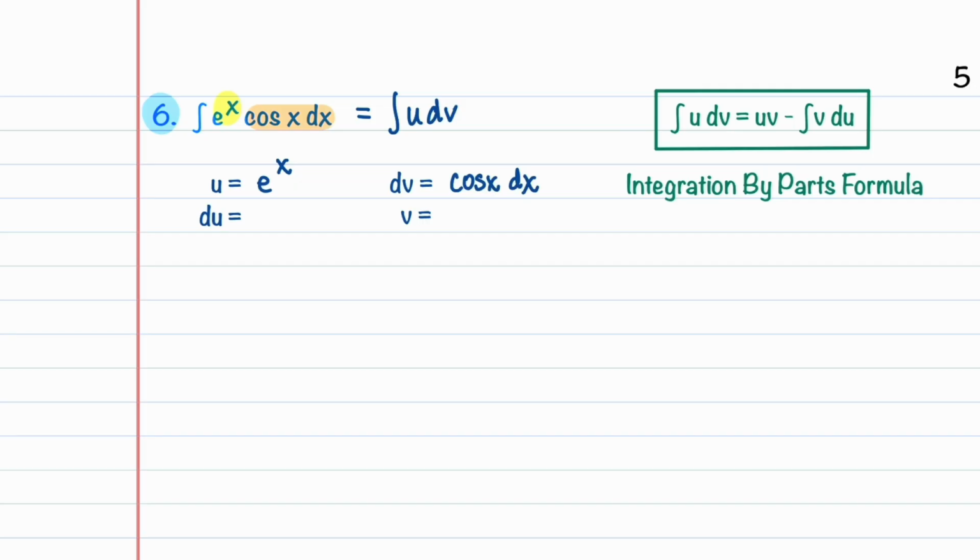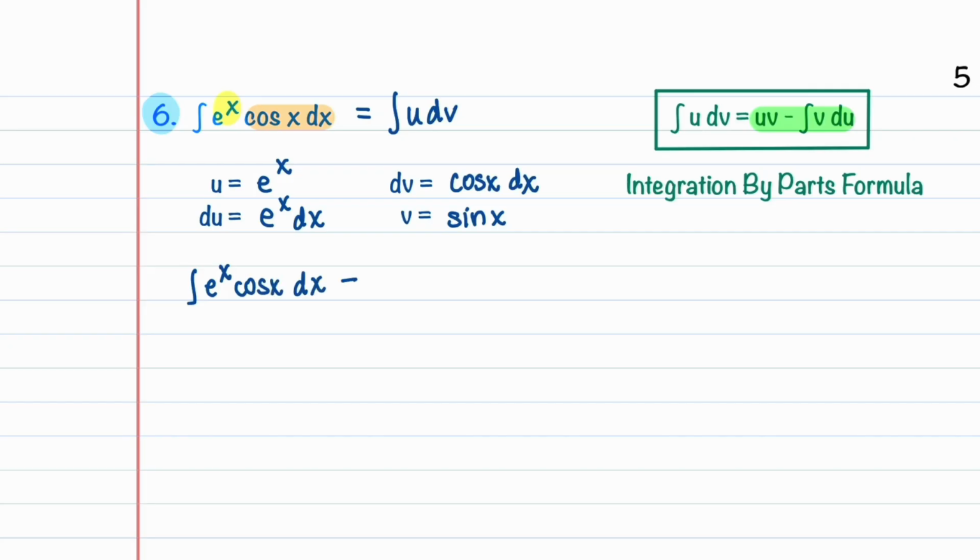On the left-hand side, we'll take the derivative. So we have e to the x dx. And on the right-hand side, we're going to integrate, and the integral of cosine is sine of x. Now we can apply the formula that I've written over here on the right-hand side, and we have the integral e to the x cosine x dx.